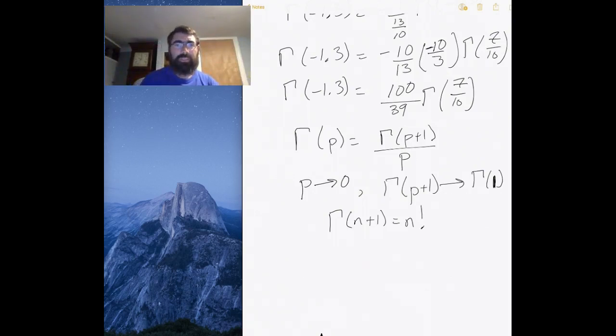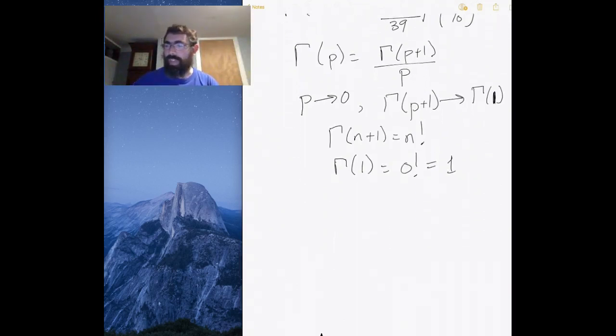So in this case, n would be 0. So gamma of 1 is 0 factorial, which is just the number 1.